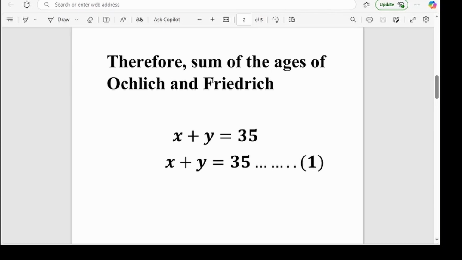So summation or sum represents addition, right? So earlier on we said that the age of Ocklish is represented as x and the age of Friedrich is represented as y. So the addition of their ages equates to 35 years old. So x plus y equals 35 years old, and this is represented as equation 1.